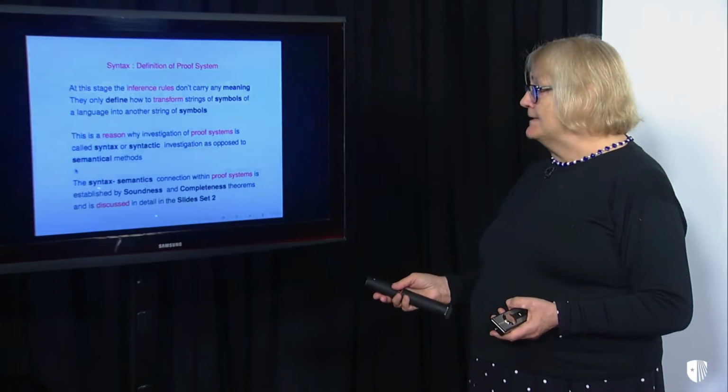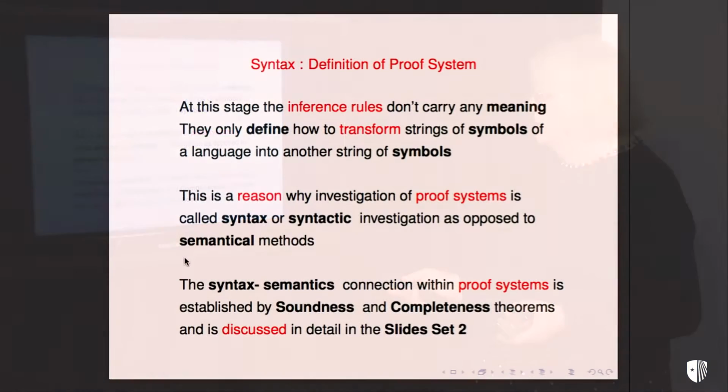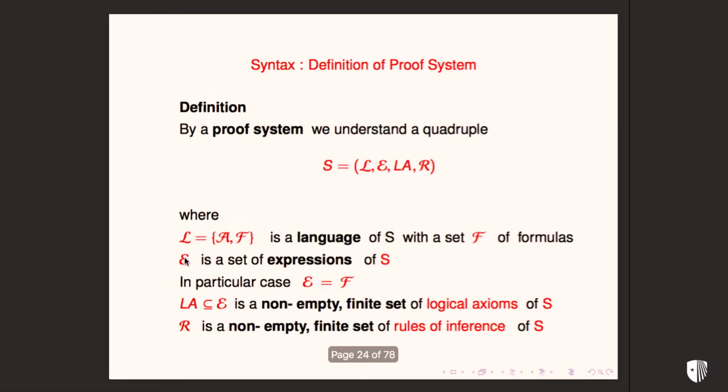Of course, the syntax-semantics connection within a proof system is established by soundness and completeness, and we'll discuss it later. And here's the definition of proof system. It's very formal.